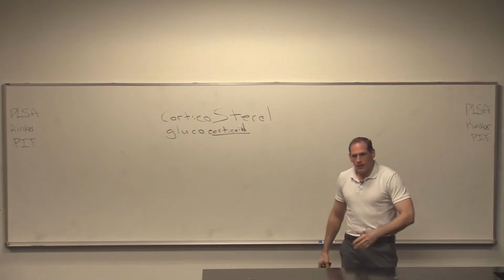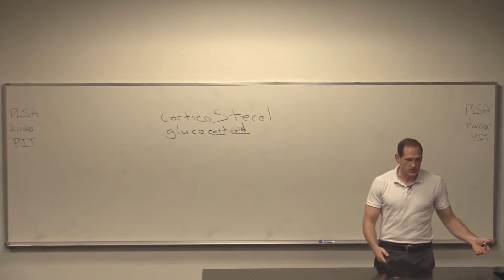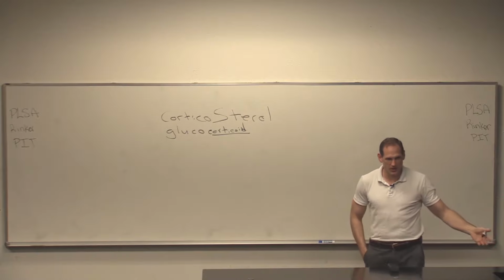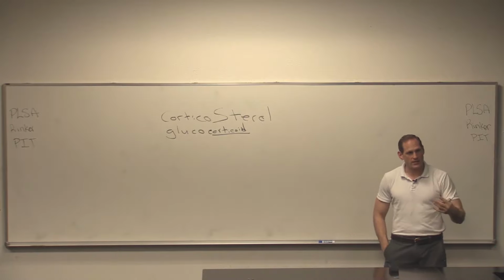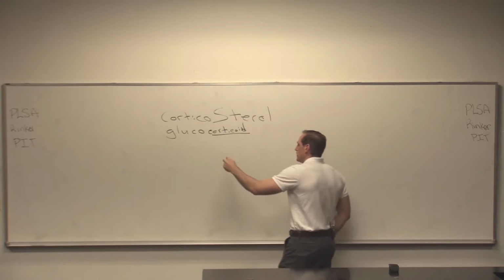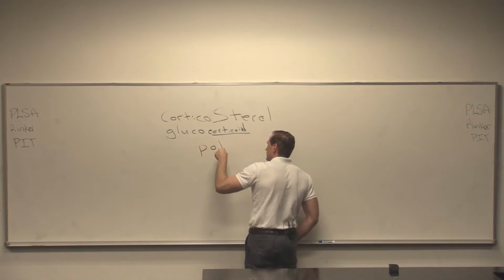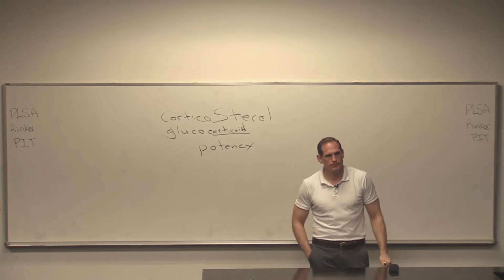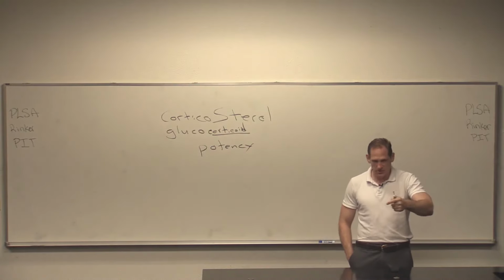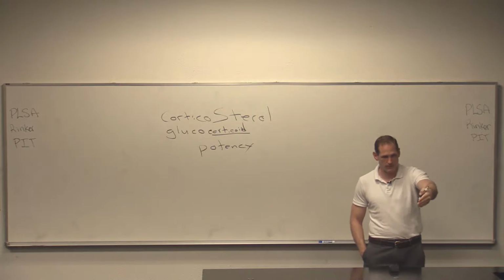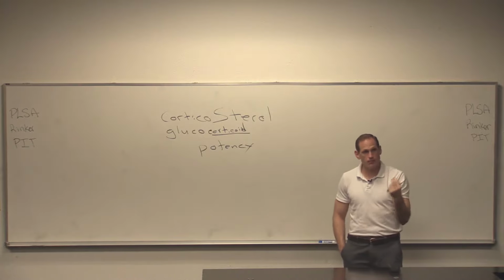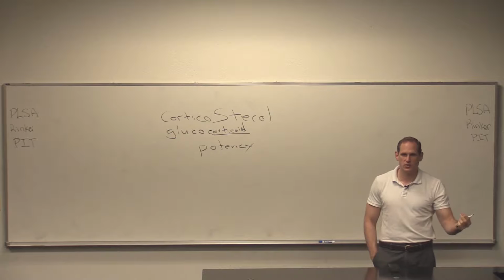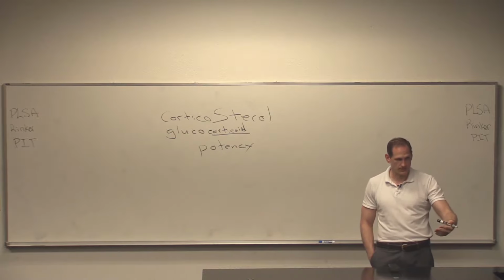Okay, so let's just mention the drug names first, so that way we can talk about them as we go along. They are ranked by potency. Now, what does the word potency mean? How much dose it takes to reach a certain level of efficacy. So the drugs that are more potent, you don't need as high a dose to get as strong an effect.